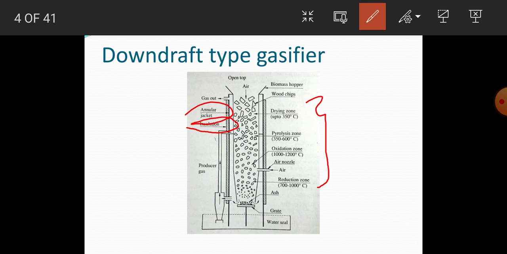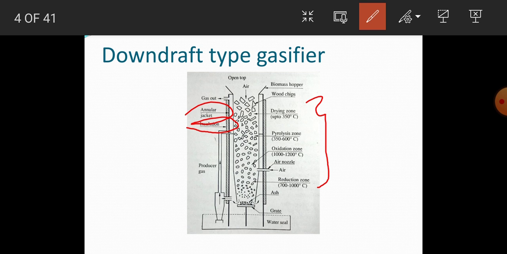Then in the pyrolysis zone, the biomass is converted into gas. Then in the oxidation zone it is oxidized, while in the reduction zone it is converted into fuel with the help of addition of hydrogen.